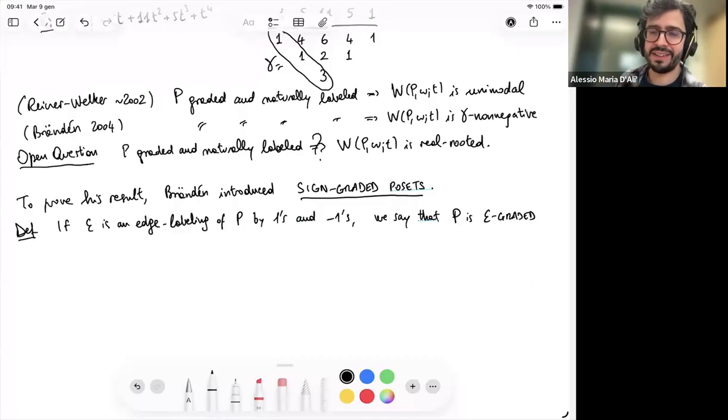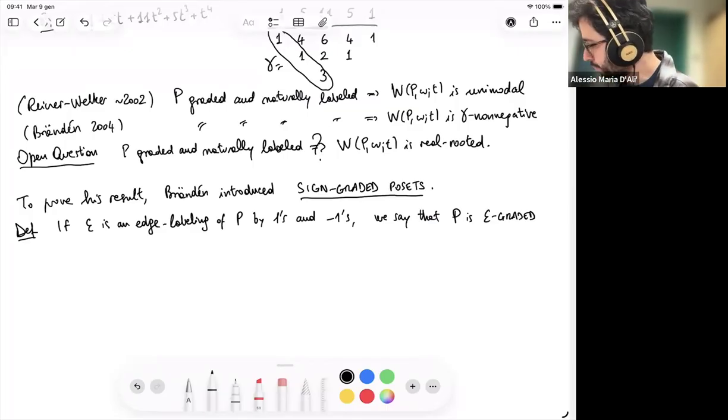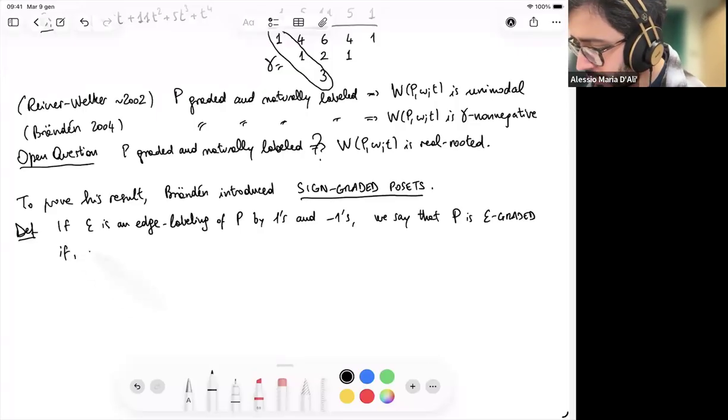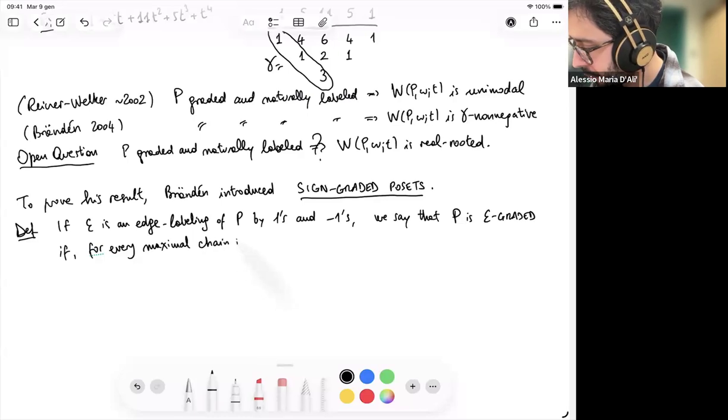Well, when I said graded without the epsilon, I was just basically counting the number of edges. This time we have ones and -1s as labels, so I'm just going to do the weighted sum. So I'm going to sum together all the labels I see on any maximal chain in P. The sum of the edge labels is constant.